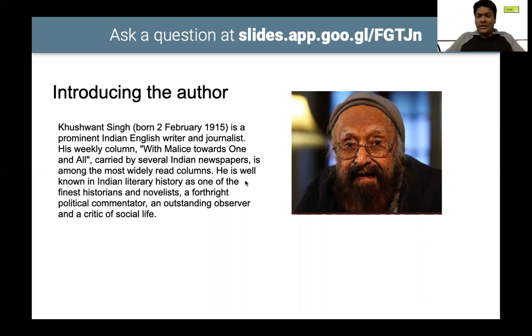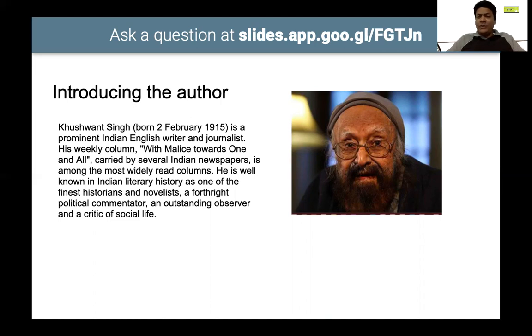He is a prominent, very famous Indian English writer and also a journalist, right, and he was. His weekly column, With Malice Towards One and All, was published every week in Indian newspapers, right?